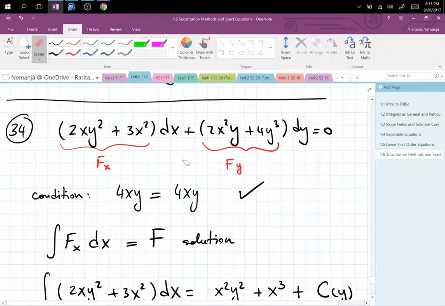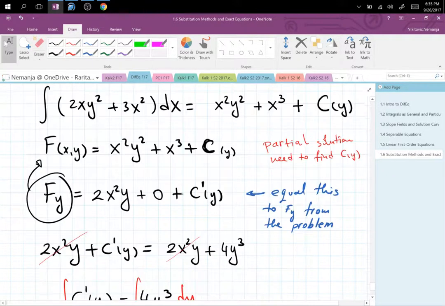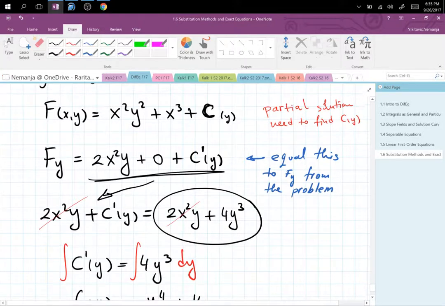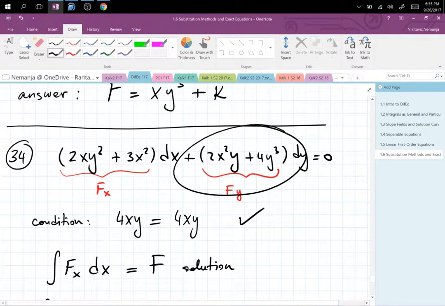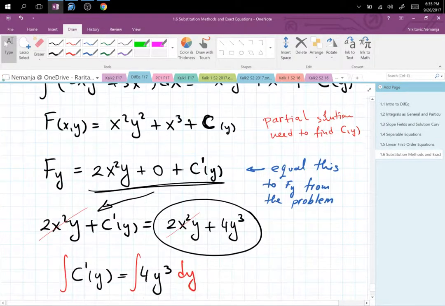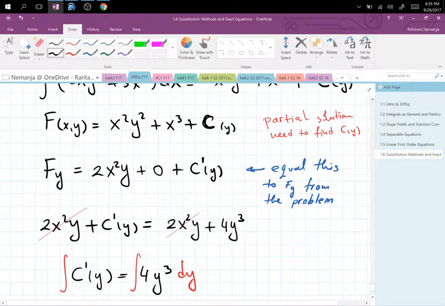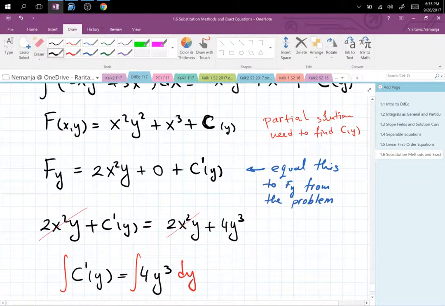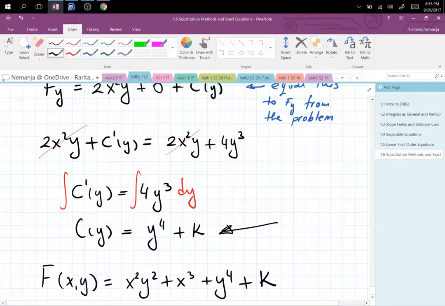So I pick this one up, and I pick this one up. When I equate them, because they're both f_y, the first term drops, and what we're left with is this equality, which allows us to compute eventually what c of y is.